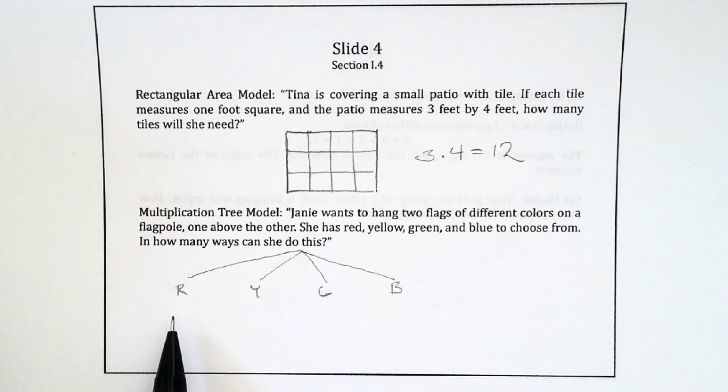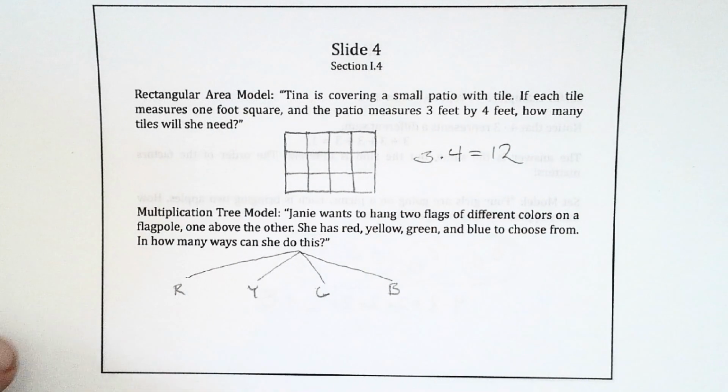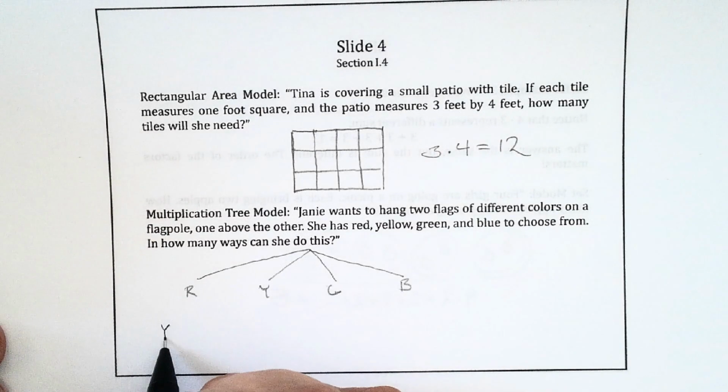Okay, and then the colors are supposed to be different. So whichever color she chose for the top flag, she now has the 3 other colors to choose from for the bottom flag. So if she chose red first, she could choose now yellow, green, or blue.